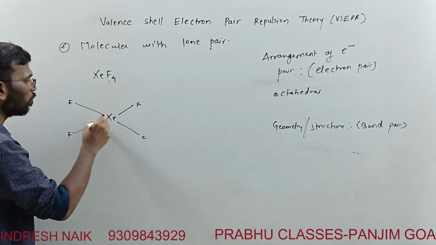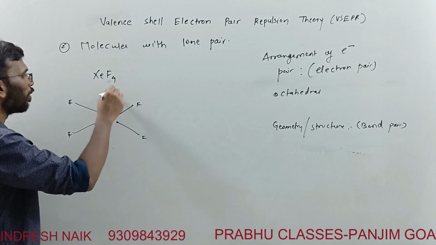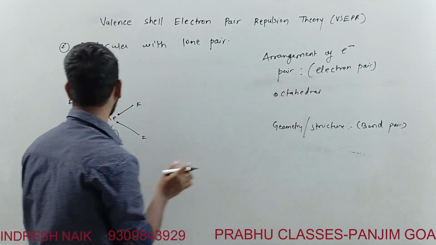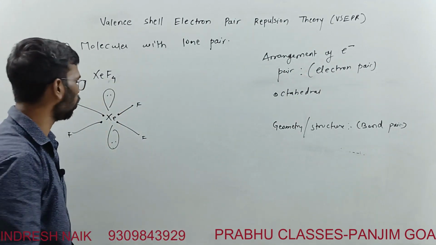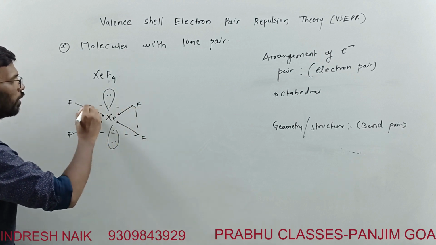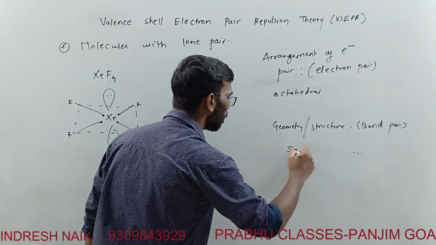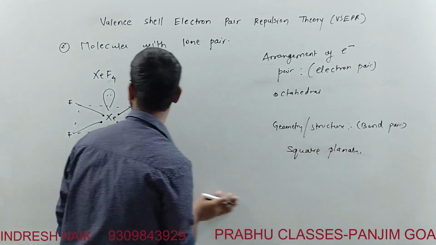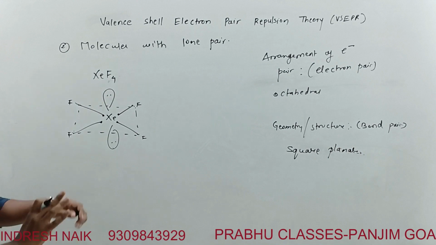Now 4 electrons are left, meaning 2 lone pairs, one over here and the other over here. So what is the arrangement of the electron pairs? It is octahedral. What is the geometry? You only consider the fluorines which are lying in a plane like this. So it is square planar, the geometry.